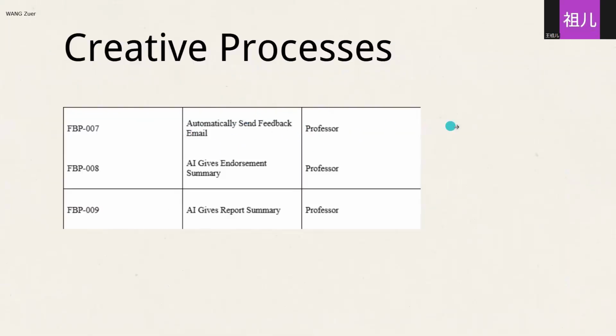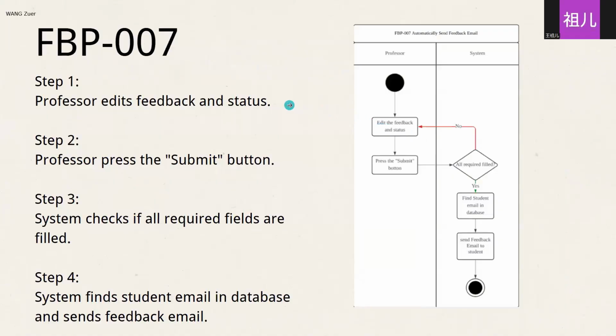The first one is FBP 007, automatically sending the feedback email. In this process, once the professor edits and updates the feedback and status, the corresponding student will receive a notification email so that the student will not miss the feedback from the professor and can make changes on time.